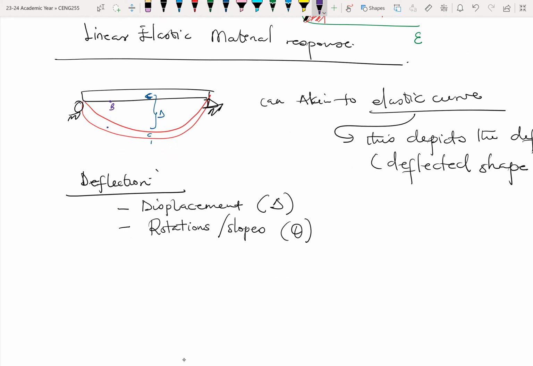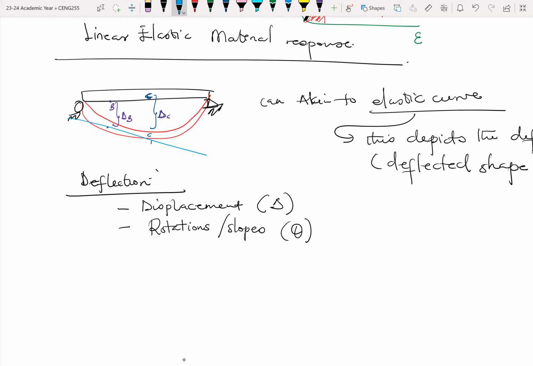So when B also deflects, so let's say the deflection of C is delta C, the deflection of B is also delta B. At the same point, because of the fact that it's a curve which is occurring, there will also be a rotation. Okay, let me draw this with a different color. So there will be a rotation, all right.